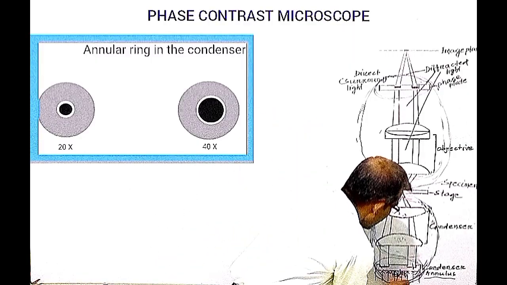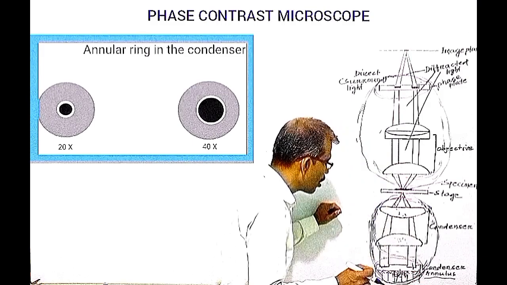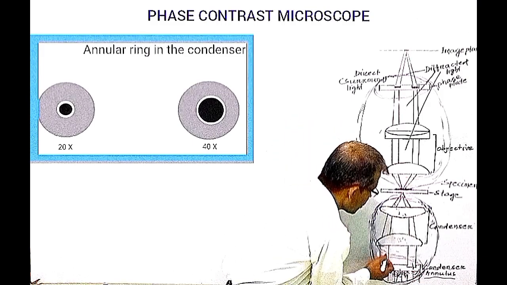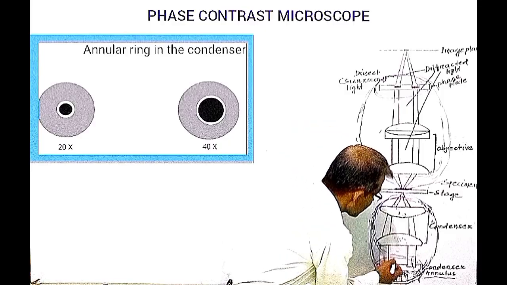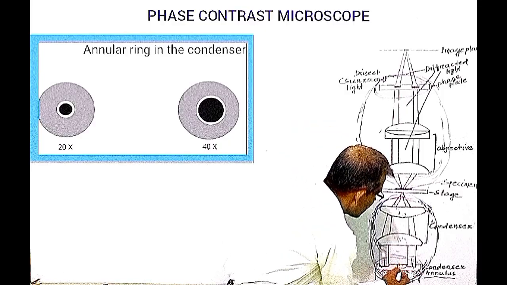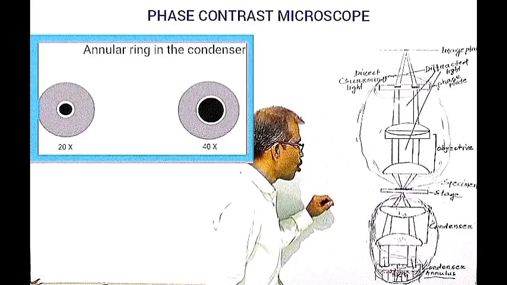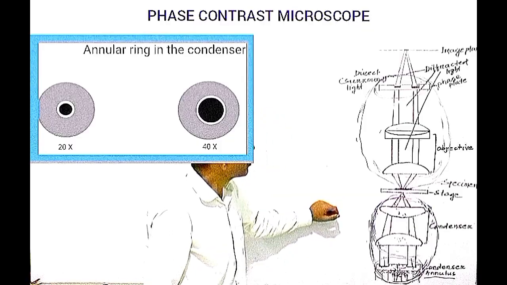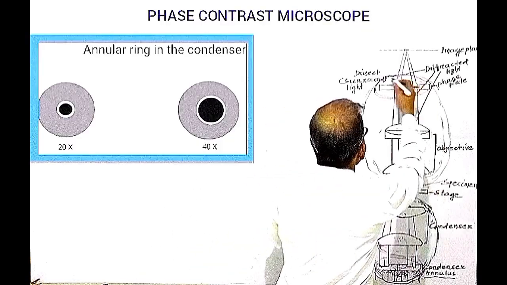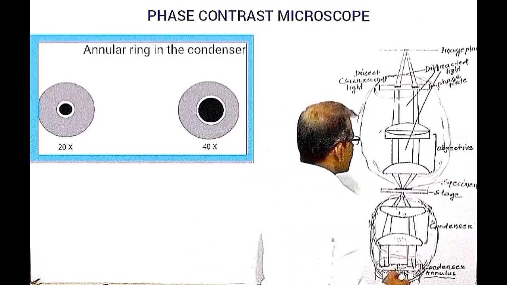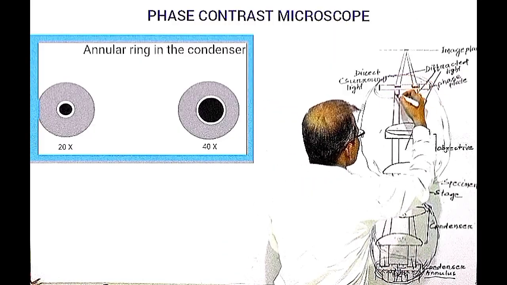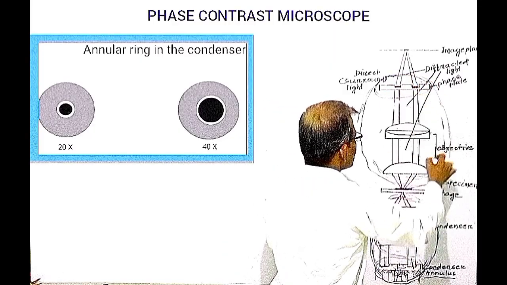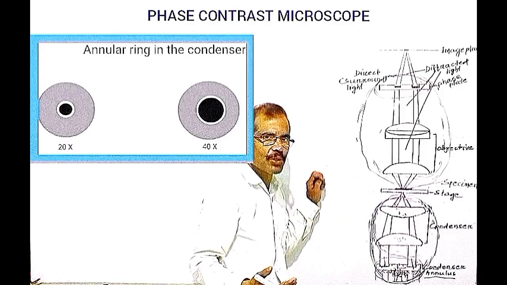Transmitted light from a specific source only passes through the transparent ring. Light does not pass through the remaining area, which is opaque. The other component is the phase contrast objective, which consists of a specialized phase plate and typical lenses for magnification.